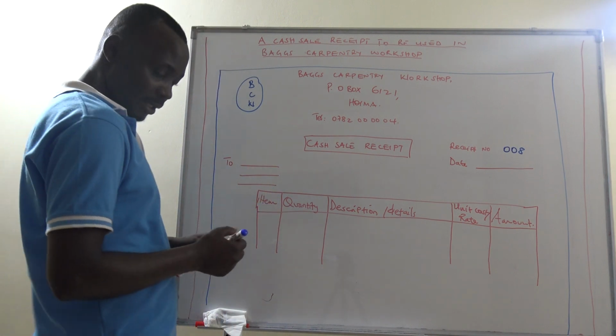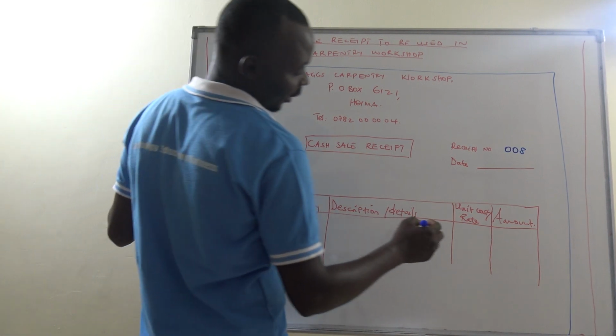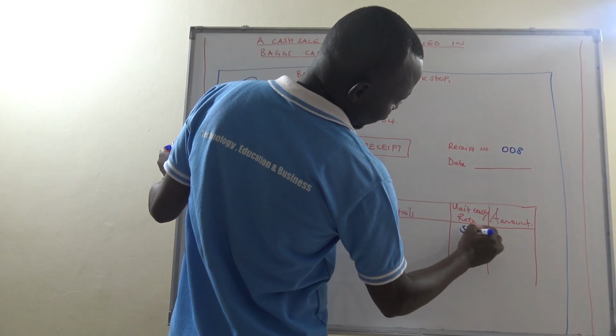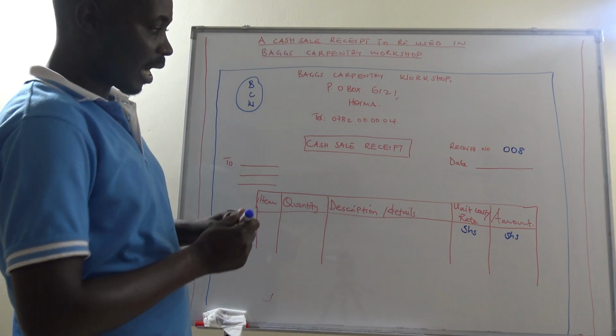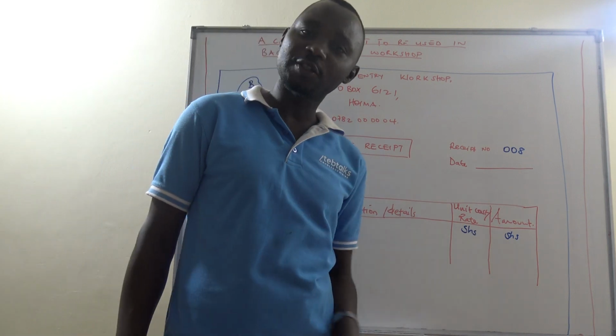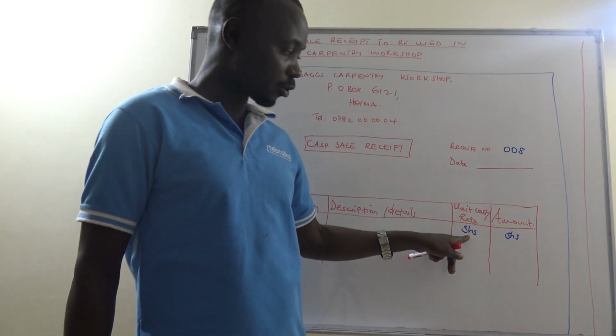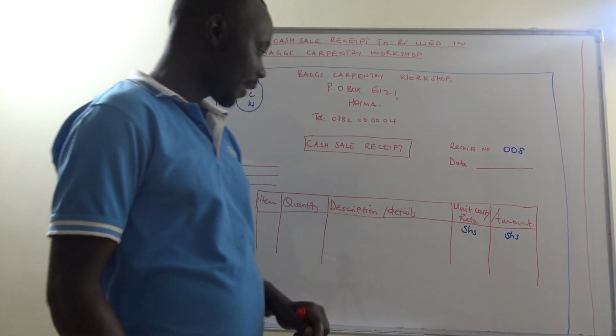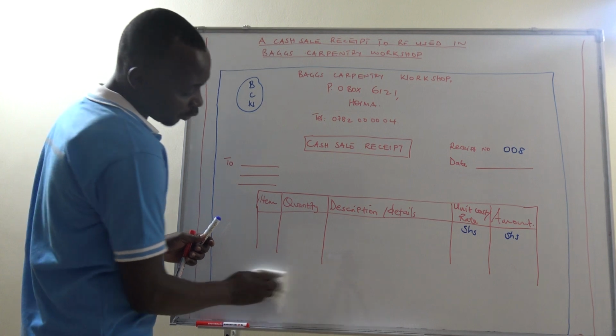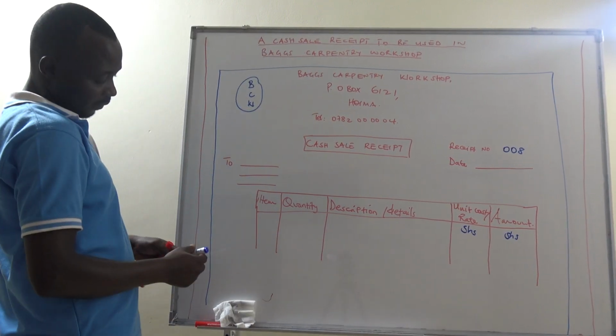From there, do not forget to include the units. And our currency units is shillings, and this abbreviation is allowed. Is it okay? Then because we are designing, we are not supposed to take too much space.